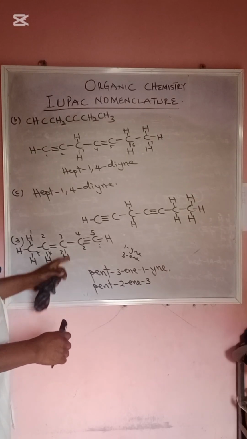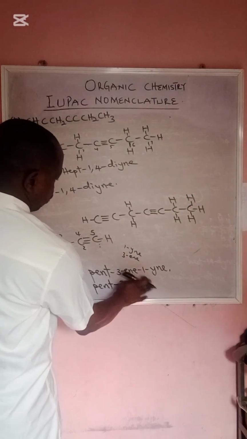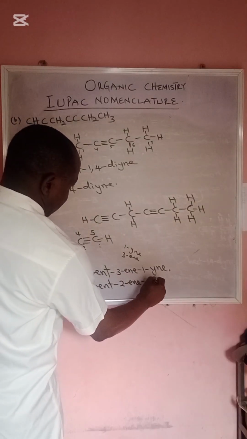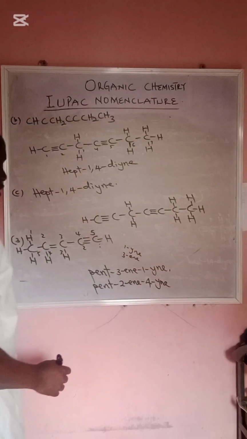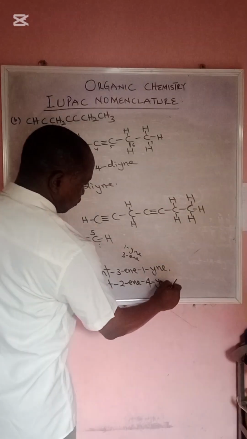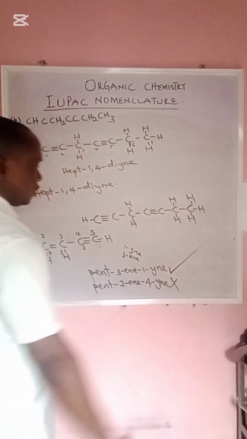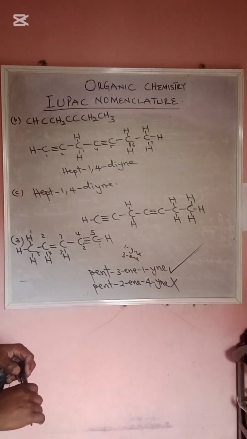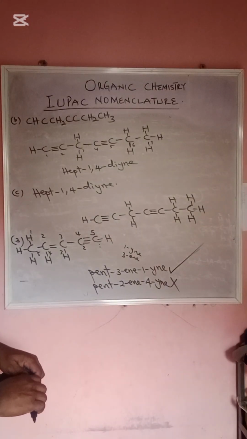Then 2-en-4-yne. This one is wrong. So this is the correct answer: pent-3-en-1-yne. Take the lower number for the yne.